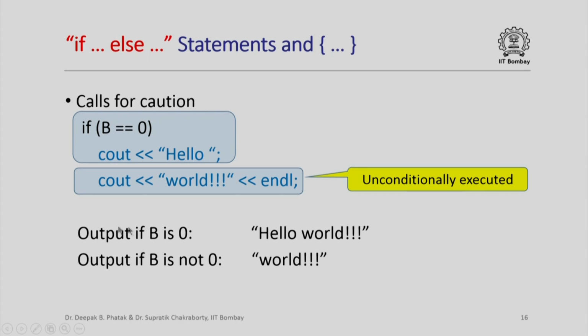So therefore, if b is 0, then this would be interpreted as an if statement without an else statement and hello would be printed, and then because this is unconditionally executed, world would also be printed. However, if b was not 0, then hello would not be printed, but just world would be printed.